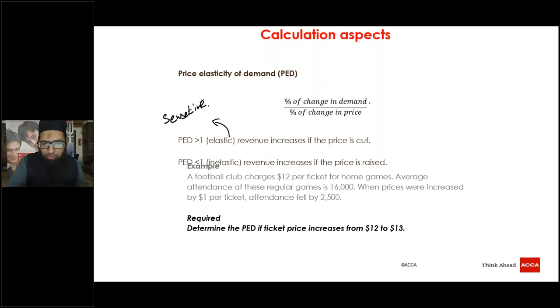The formula for the PED is the percentage change in demand divided by the percentage change in price. The change in demand is 2,500, and this is on the base of 16,000.